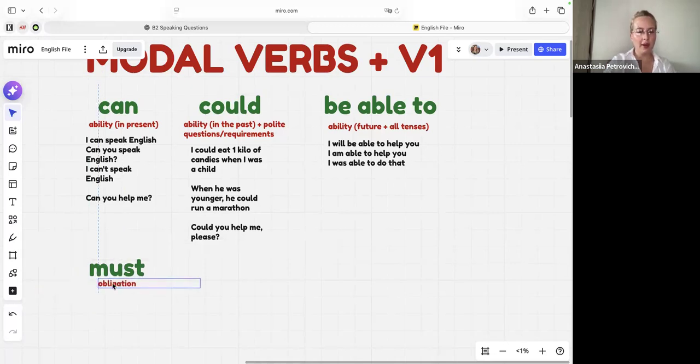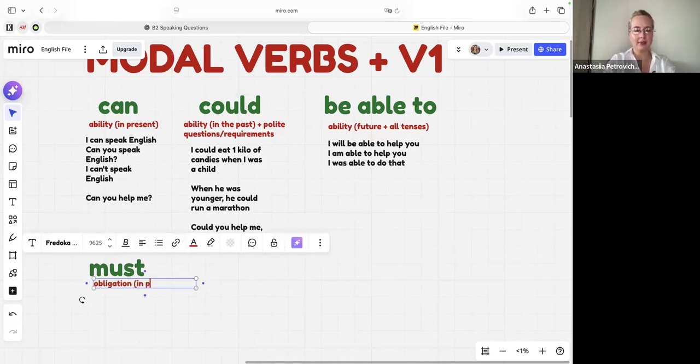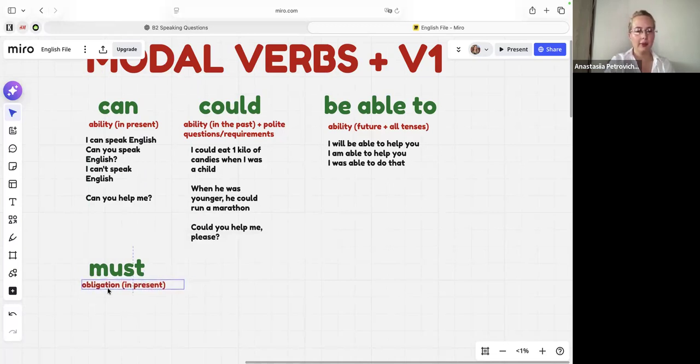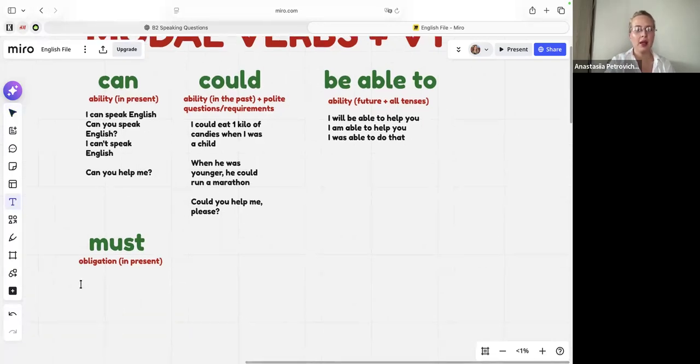Obligation, обов'язок. We must do something. And again, we use it only in present tense. So when we have some obligation in general, or we must do something in general, or right now, yes, so something about present.